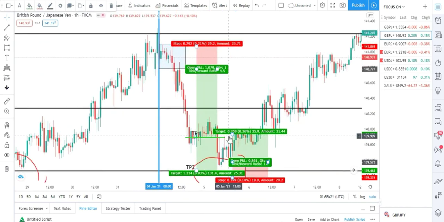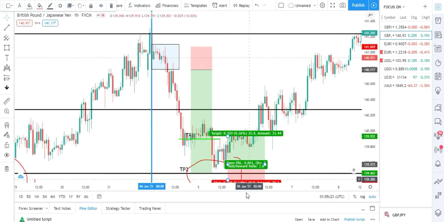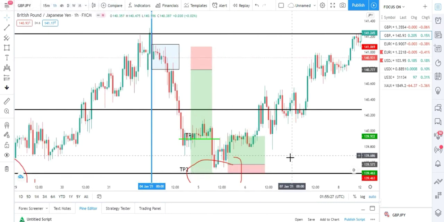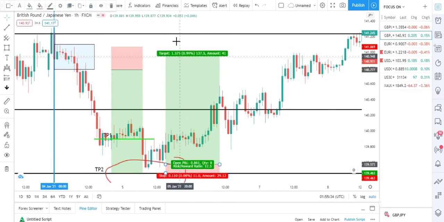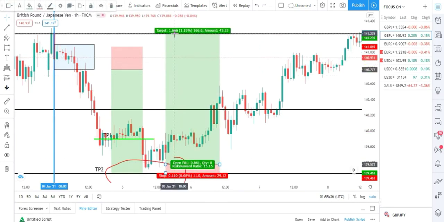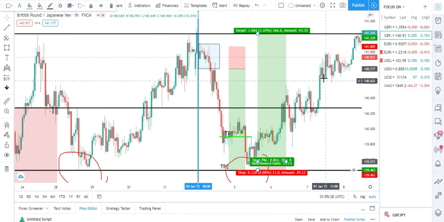So mine would have been here, as you can see, below the wick, so that it wasn't going to take me out, this candlestick, and I could have went with it until it touched this strong resistant area.